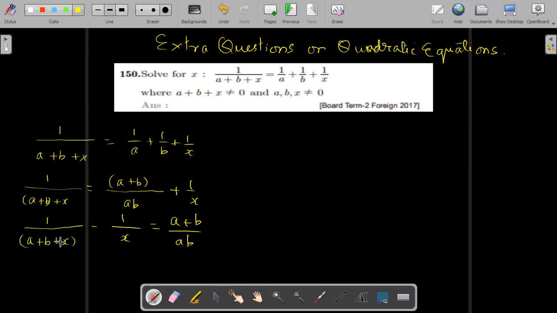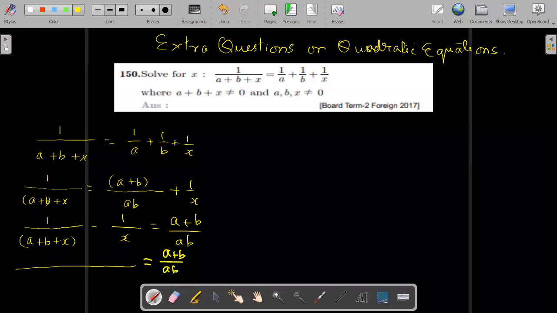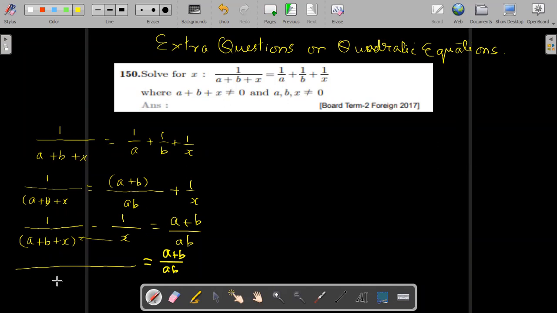Now here you have to take LCM. That means this denominator will multiply a plus b upon ab. This x will multiply with this one, and cross multiplication also there will be the LCM.